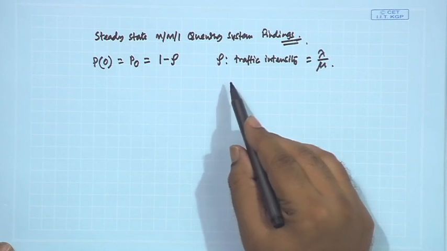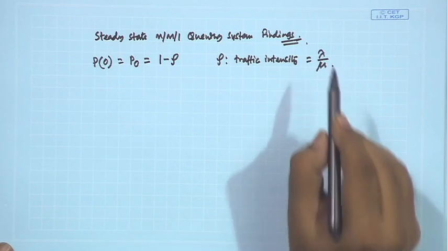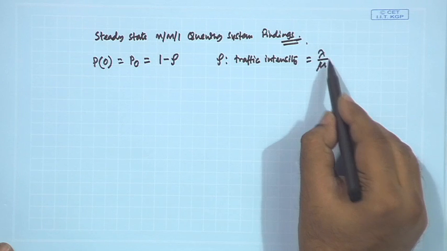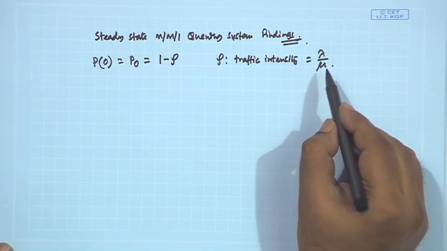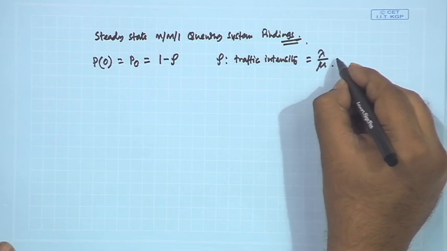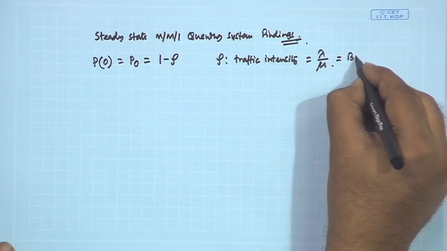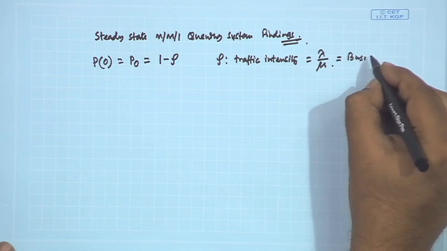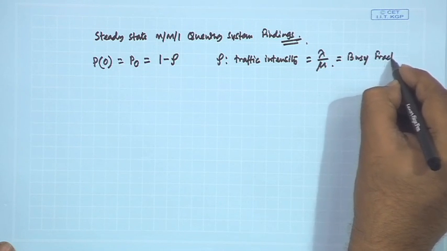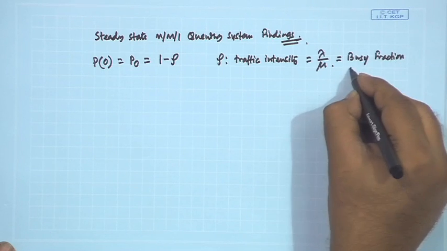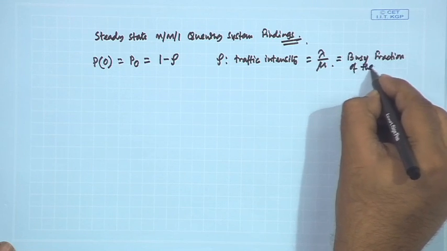Rho tells us this percentage, lambda by mu; suppose it is 70, that means 70% of the time the system is busy. So, it can also be called busyness or the busy fraction of the system.